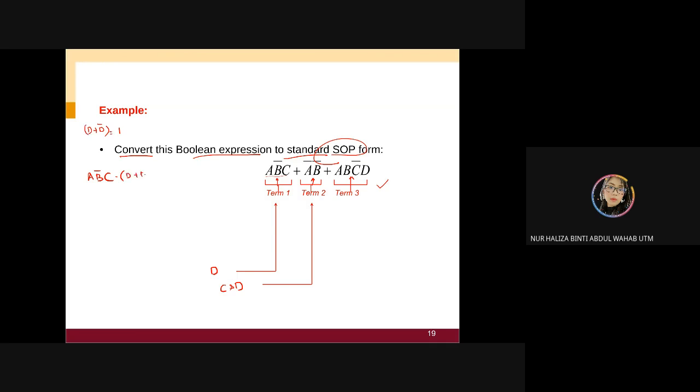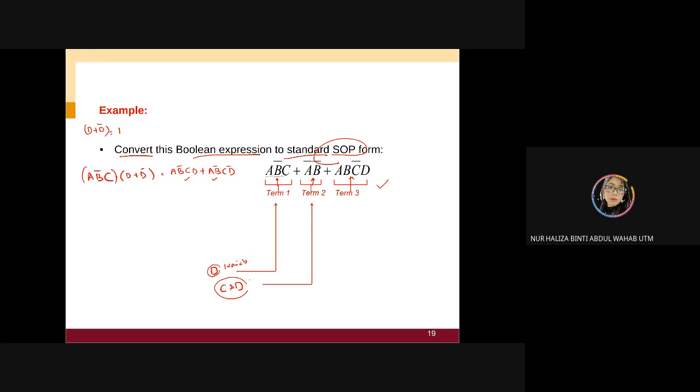D plus D bar. I'm going to multiply it. I will get A B bar C D plus A B bar C D bar. If I don't have enough variables, I will add more.